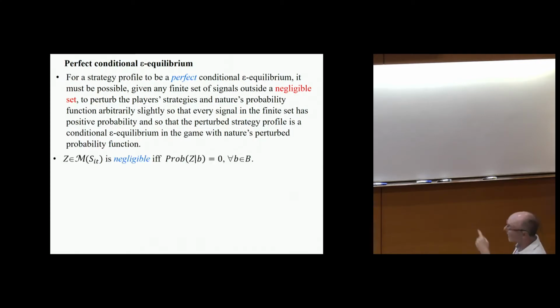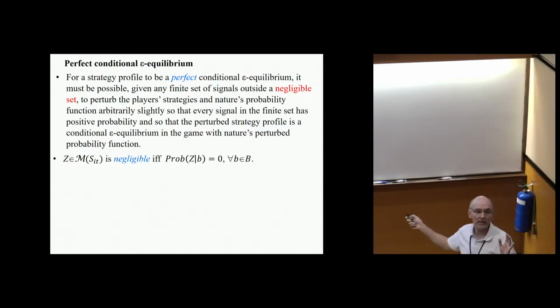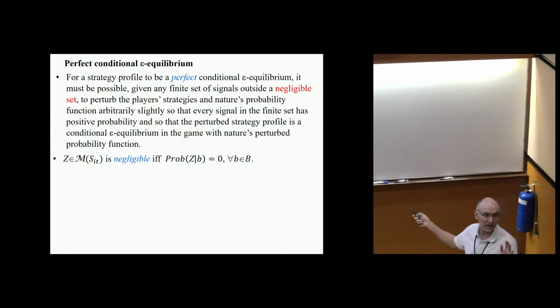So take a player i at a date t. These are the measurable sets of signals for that player. So take any measurable set of signals for player i at date t. We'll call it negligible if that set of signals has probability 0, no matter what strategies the players play, no matter what strategy profile is in effect.